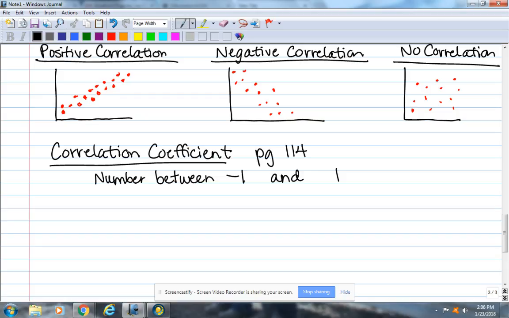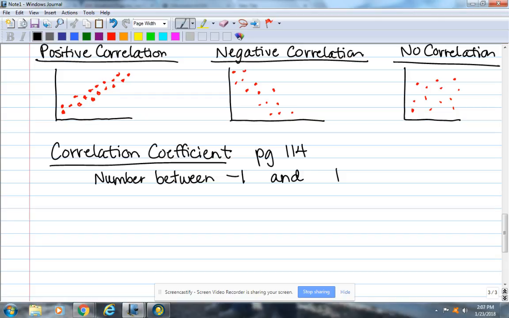Now, if we have a negative correlation, then we will have a negative number correlation coefficient. And if we have a positive correlation, we will have a positive number for a correlation coefficient. So what do you think we're going to have for our number if we have no correlation? A 0. So 0 is right in the middle.